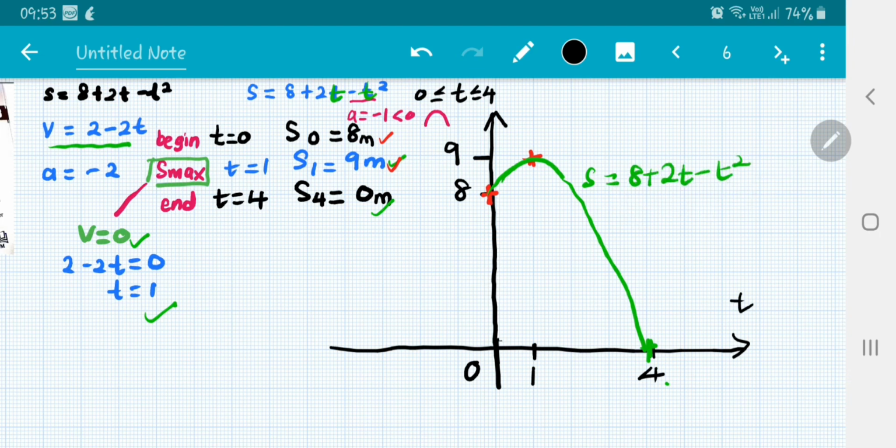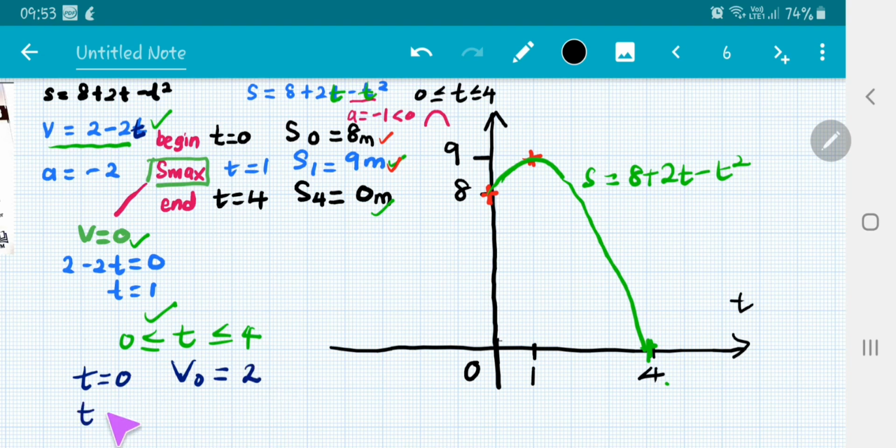Next, let's sketch the velocity graph. For the velocity graph, it is a linear graph. Since it goes from 0 to 4 seconds, it's enough to use t = 0 and t = 4. Put in t as 0, v at 0 seconds, you will get 2.